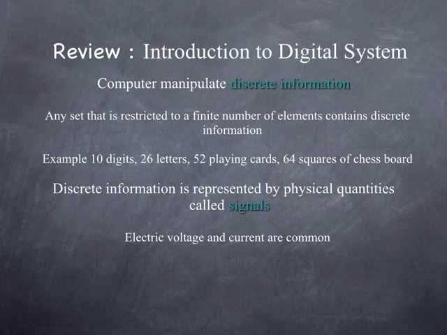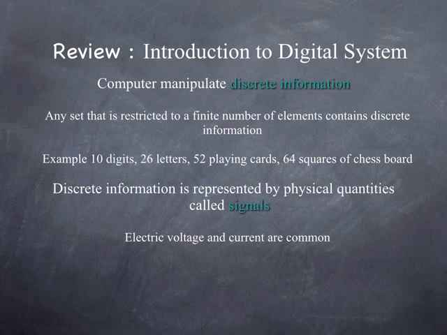Now the discrete information has to be represented in the form of signals. What type of signals? Maybe a voltage, maybe a current. In this case, our logic 1 is 5 volts, and 0 volts is our other logic.